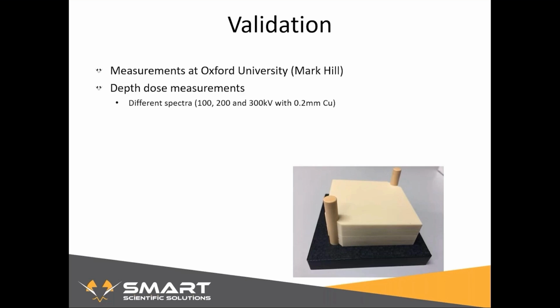They did 100 kV, 200, and 300 kV, all with the available filter of 0.2 millimeter copper. This was important to test if SmartRAD could scale between different spectra. In Monte Carlo, it's typical that you only have one calibration factor for one specific spectrum, and when you want to use a new one, you have to calibrate again. SmartRAD can go outside of that region, but of course, we did have to test this.